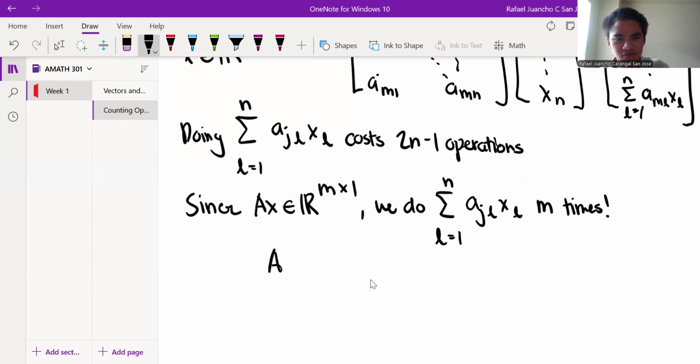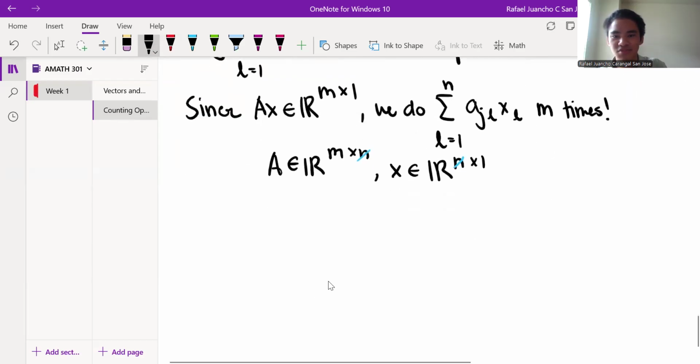If you look at it in a notation kind of thing, remember our A is m by n, and our vector x is n by 1. We're actually just canceling the n here. So it's m by 1.